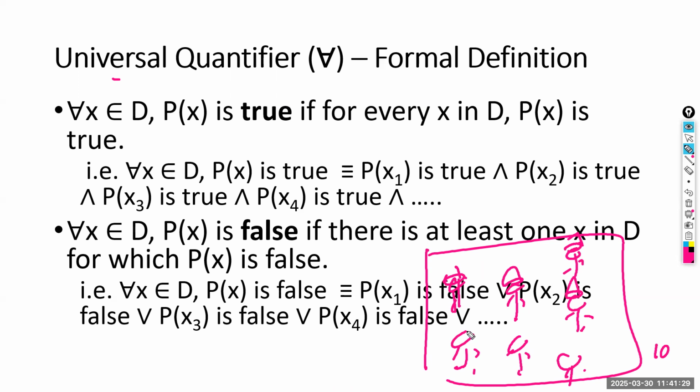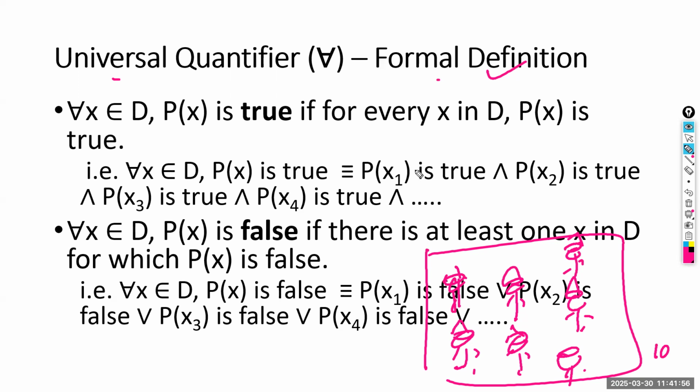How do you check whether that statement is correct? You need to check each and every student and see whether that student is wearing a hat. If all 10 students are wearing a hat, that statement is correct. But if you find that at least one student is not wearing a hat, that statement is false, because the statement says for all x, where x is a student, x is wearing a hat.